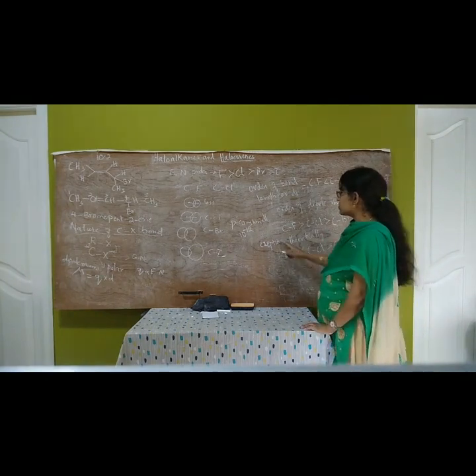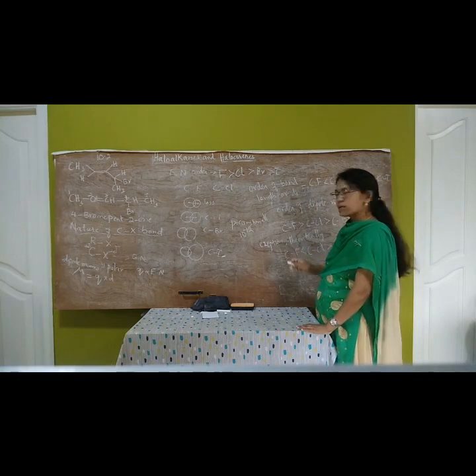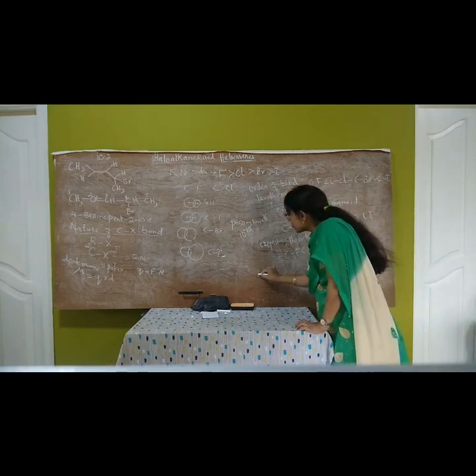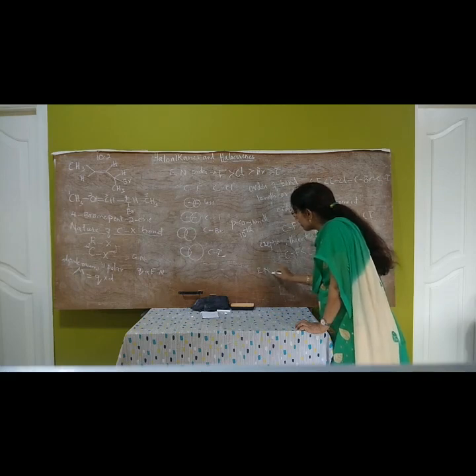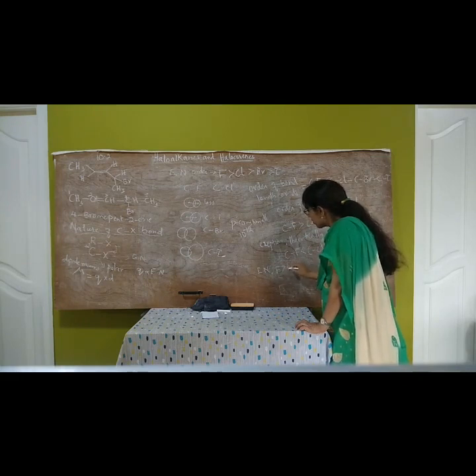This is because you have studied in your first PU some exceptional factors of F and Cl. The electronegativity order of fluorine and chlorine is fluorine greater than chlorine.